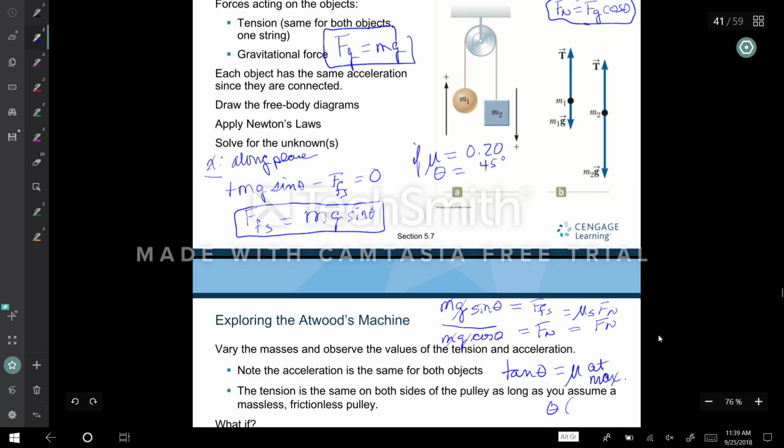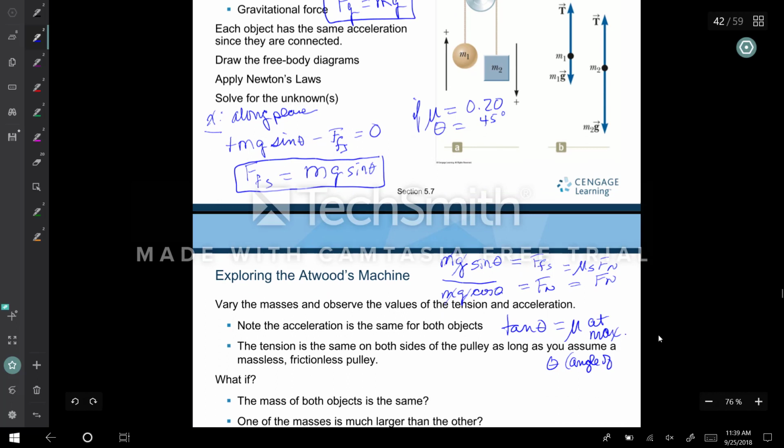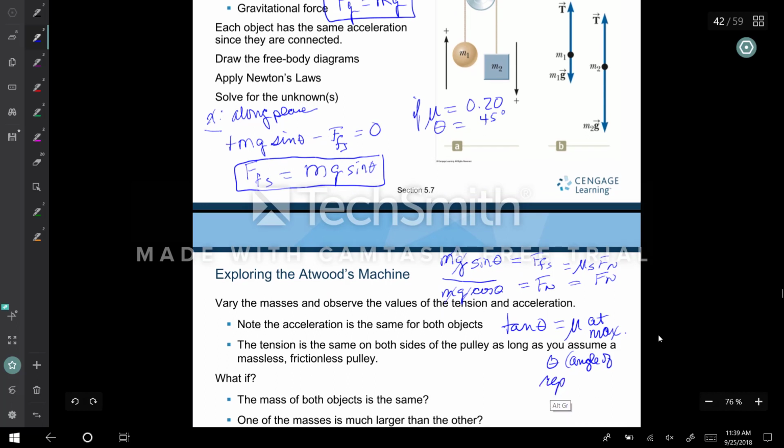theta. That is the angle of, what was the word? Repose. Yeah? That's a pretty neat little result there. That's how we can measure what mu is.